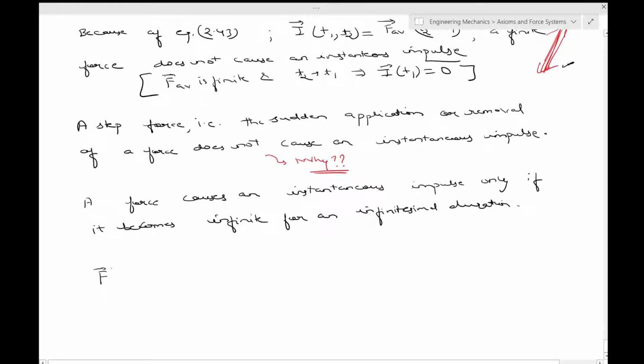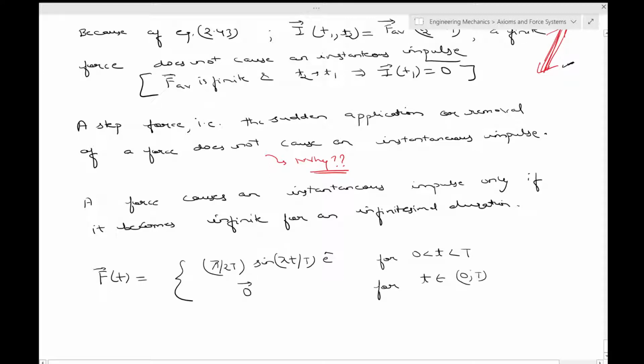If F of t is equal to pi by 2T sine of pi t by T in the direction of E for time between 0 and T, and it is 0 for time which does not belong to 0 to T. Let's call this 1.